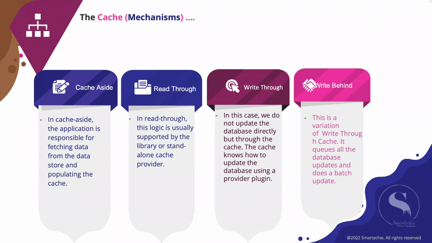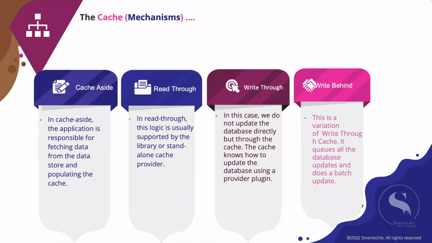And the third kind of mechanism is called write through cache, right? As the name goes, the data is first written to the cache and then to the database. This ensures consistency between the data in the cache and the database, correct? So every read done on the cache follows the most recent write, correct?